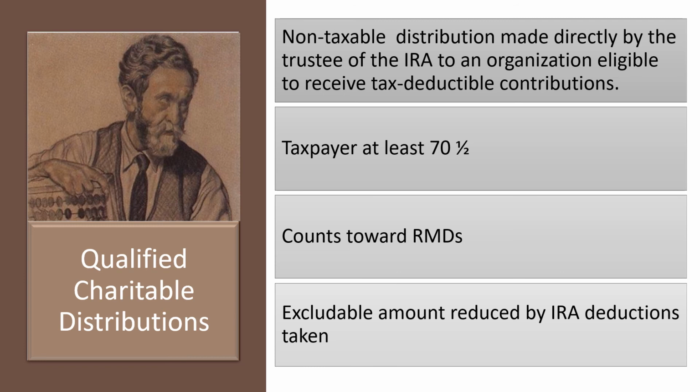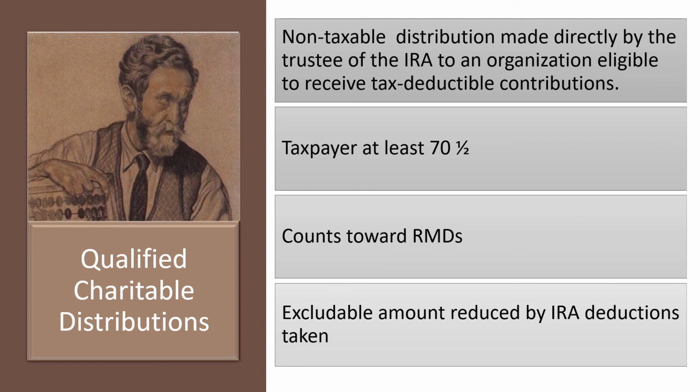Qualified charitable distributions are non-taxable distributions that are made directly by the trustee or whoever is holding the IRA to an organization that's eligible to receive tax-deductible contributions, like your 501(c)(3) charitable institutions. The taxpayer needs to be at least 70 and a half to make this kind of distribution.